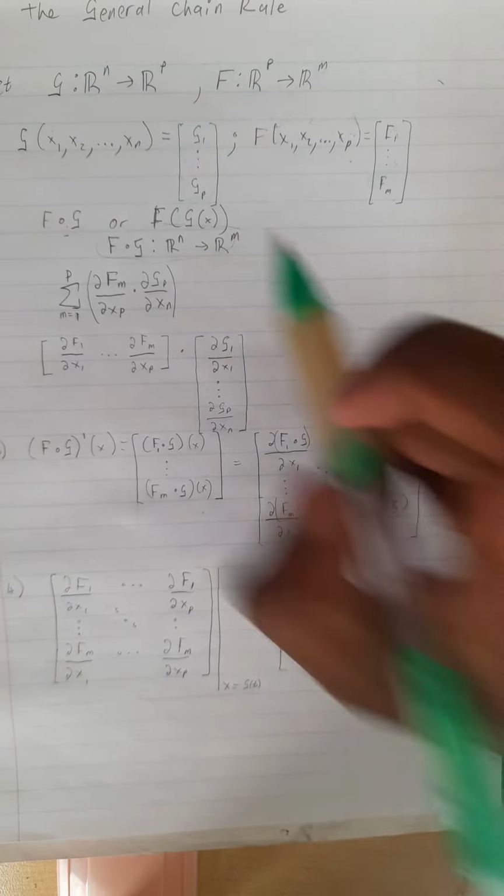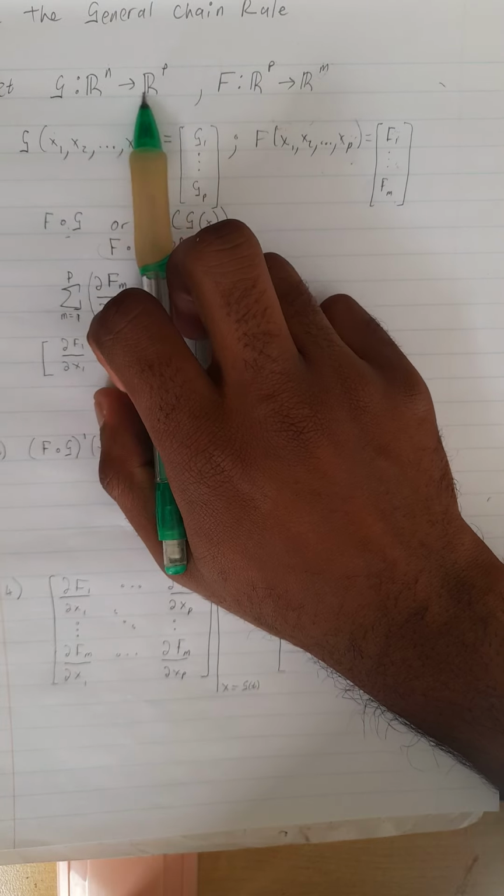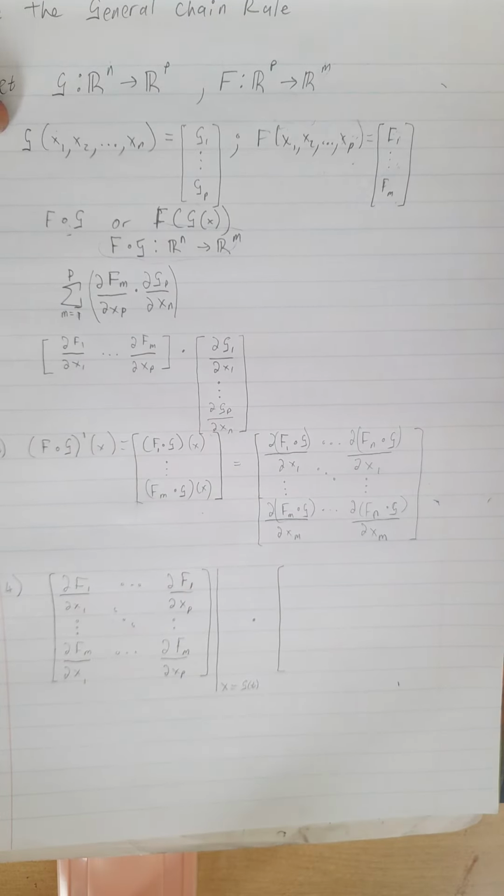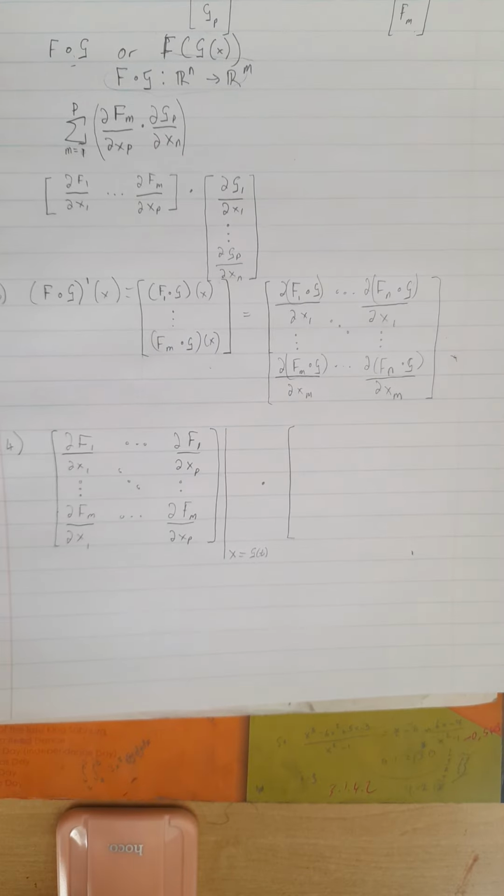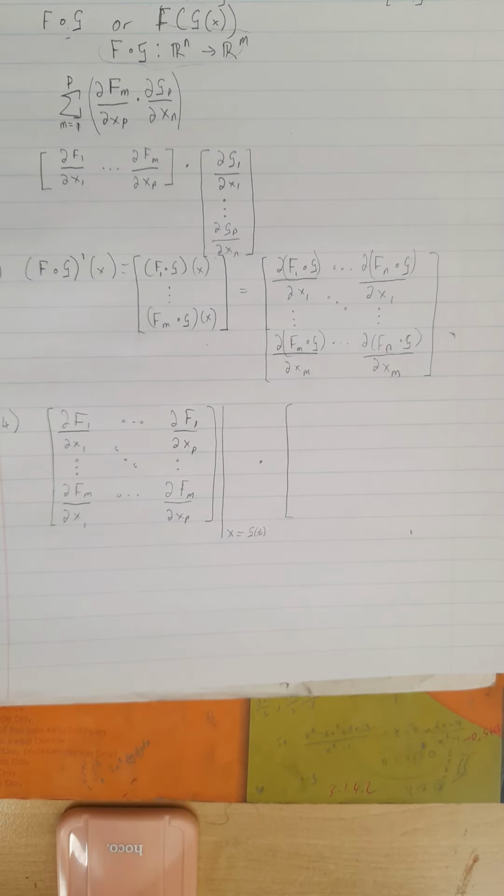And then the same idea goes for g. G was being mapped from Rn to Rp. So this is just going to be a matrix with p rows and n columns.